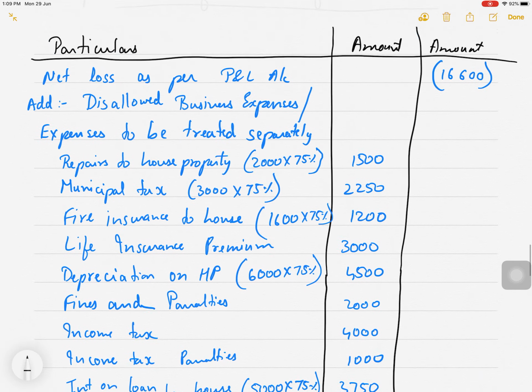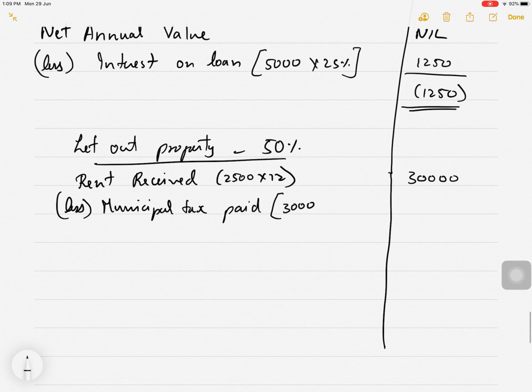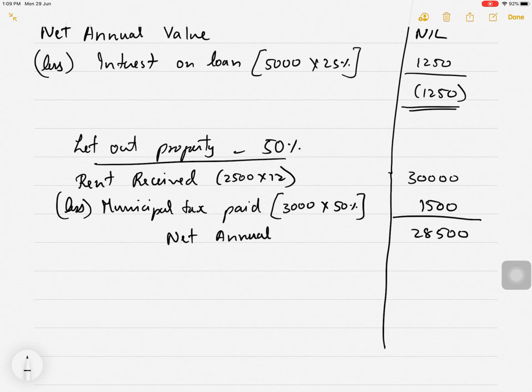We'll assume that it is paid, which was 3,000. 3,000 into 50% is 1,500. You subtract 1,500, you will get 28,500. This is your net annual value, NAV.